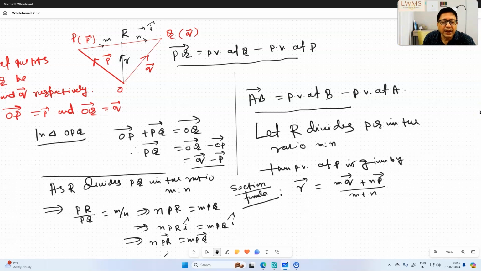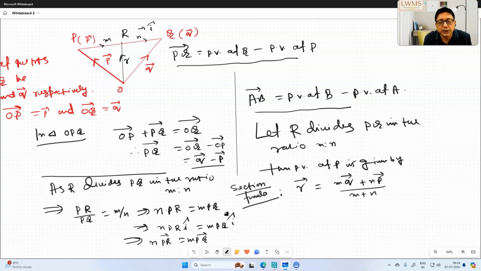Now the vector can be taken above PR, and above PQ also. So what is happening there? Now we will be putting the PR vector. PR vector is what? Position vector of R minus position vector of P. We are going to do that. So just put, this implies N into (R vector minus P vector) equals M into (Q vector minus R vector).